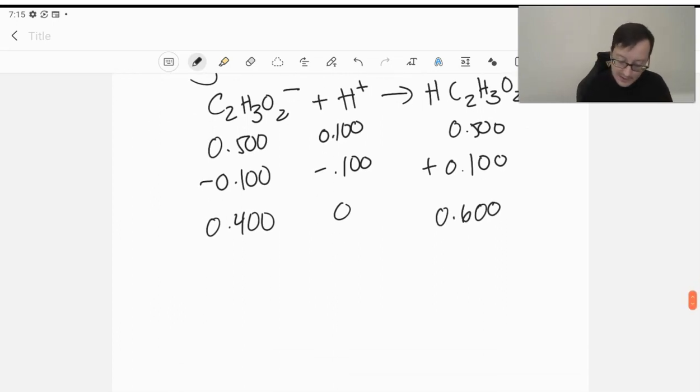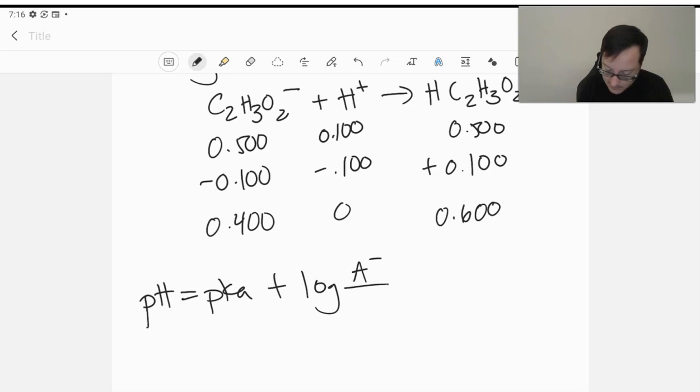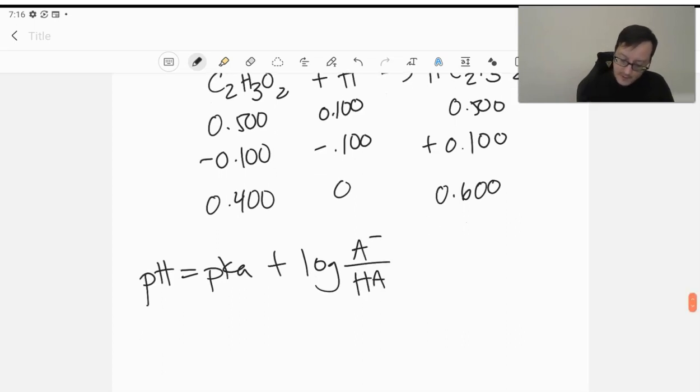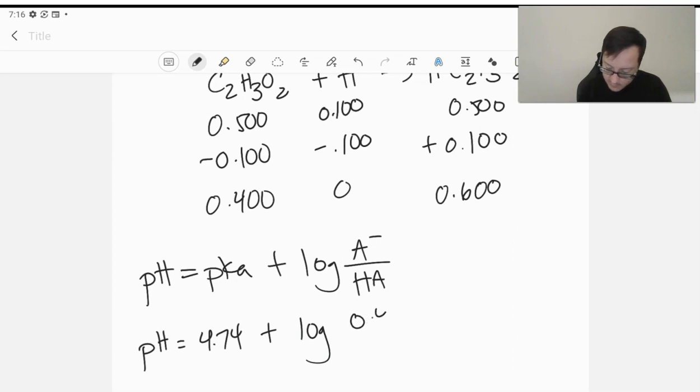And so now we can plug this into our formula. pH is pKa plus log A minus over HA. And so the pH of this solution now will be our 4.74, that's our pKa, plus log of 0.4 over 0.6.